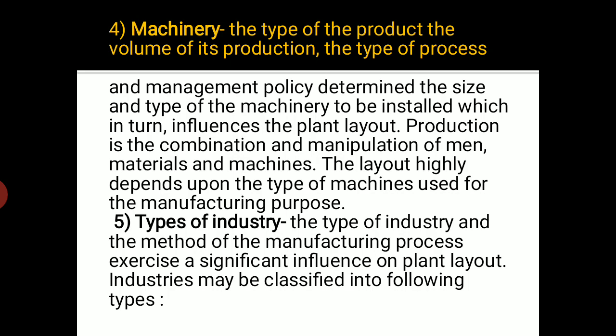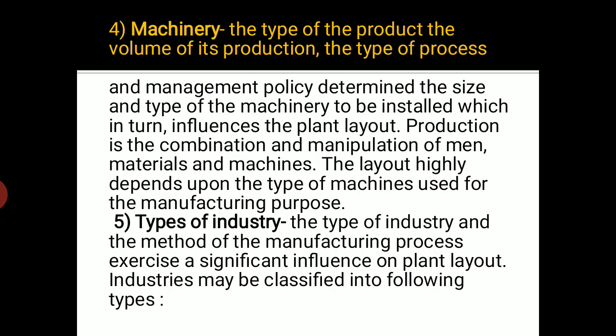You don't need any person there. Or it may be semi-automated, meaning you may require a few machines combined with men, or it may be manual work where you require very few machines. At that time the layout differs. That is why machinery plays an important role while deciding the layout.